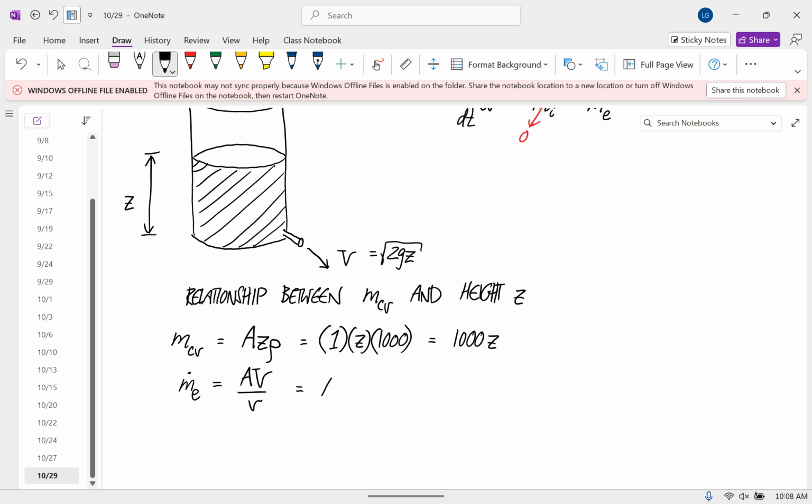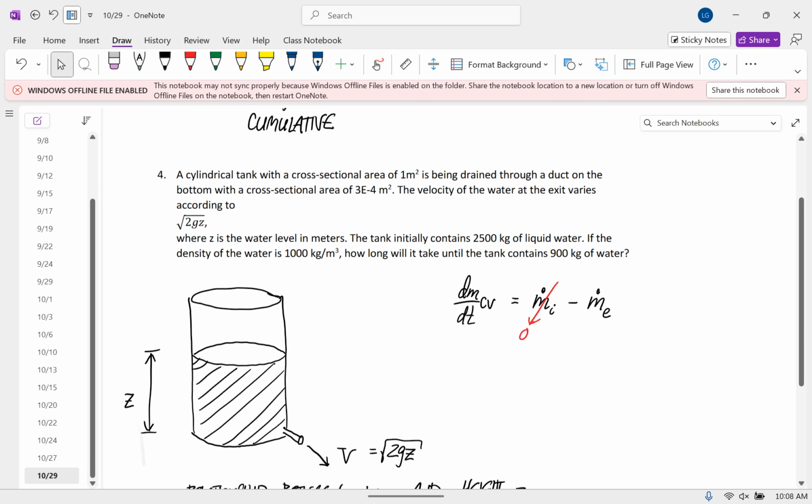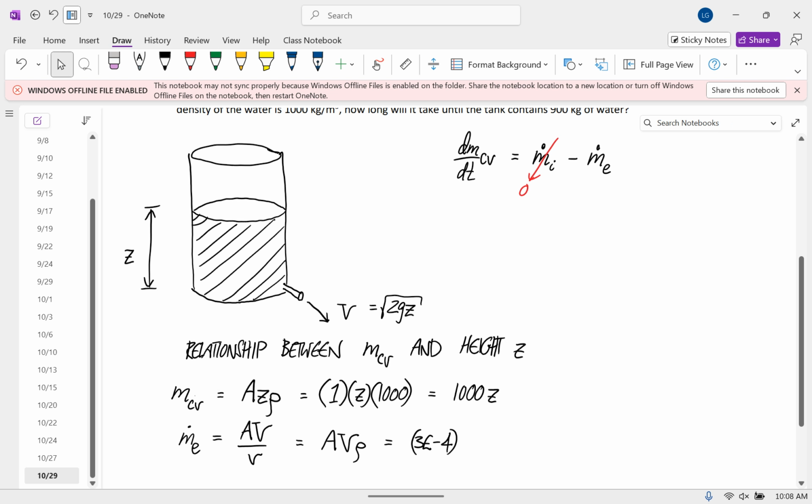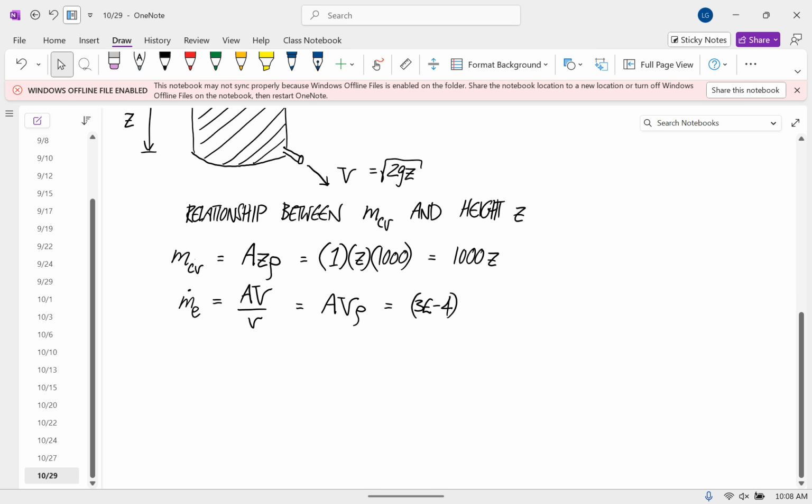So we could also write this as A times the speed times the density. That cross-sectional area of the exit is 3 times 10 to the minus 4.